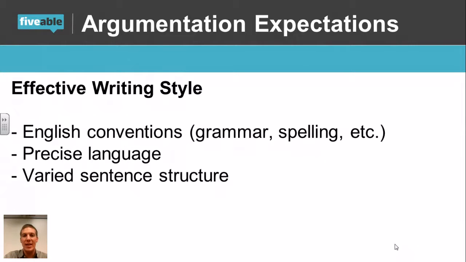You're bringing your voice, you're putting your voice out there. So it's not just to me as an AP reader or whoever your AP reader is. It's just putting your voice out there. So you're writing to a pretty broad but educated audience. You have to bring your voice to the table. And then varied sentence structure, very simply put, just as a tenet of effective writing.